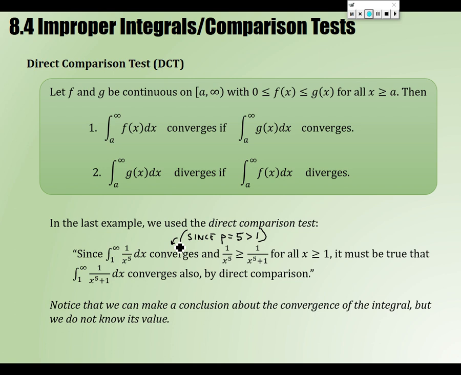There's the second part to this that we didn't really emphasize yet, and that's of course that if you have an integral that you know diverges, and you come to me with another integral, then the integrand is always greater than my integrand. And mine diverges, well then so does yours, right? So that's what this is saying. If you're always greater than a divergent integral, then your integral diverges too. That's all. Okay.